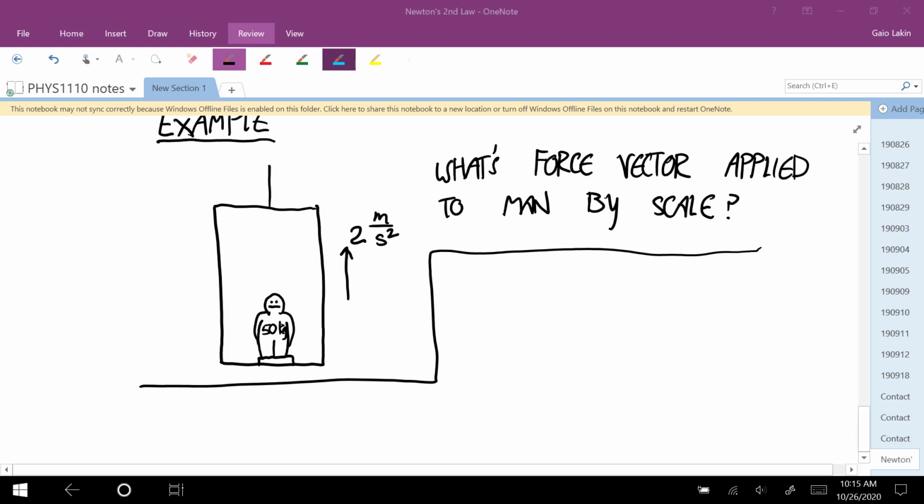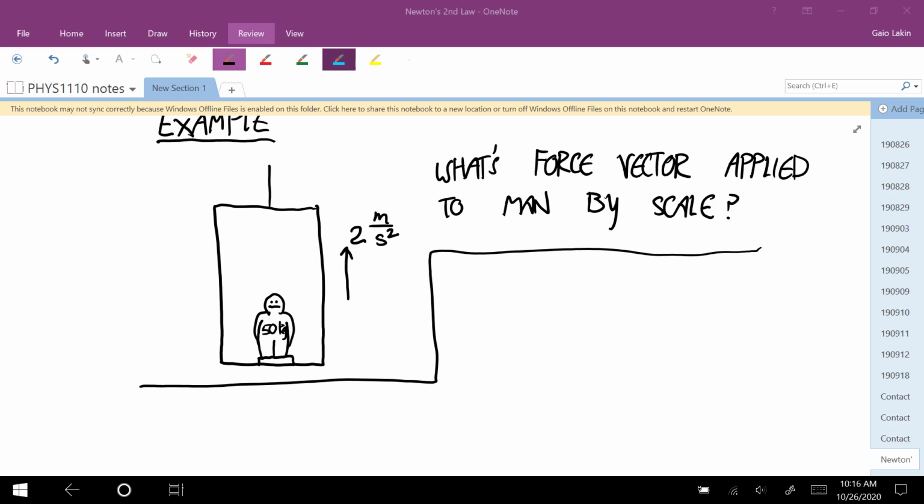We're going to see that since the elevator is accelerating up, the scale is going to be wrong about his weight. It's going to read something else. I mean, it's going to be right about that force. It's just that that force is not going to be equal to his weight because of the acceleration. And you all know from elevators, you have this feeling at the beginning of the motion, up or down.